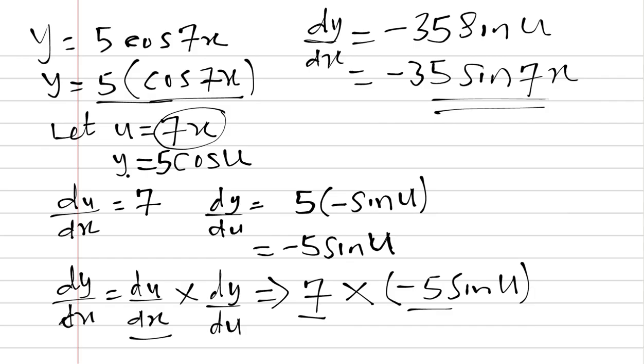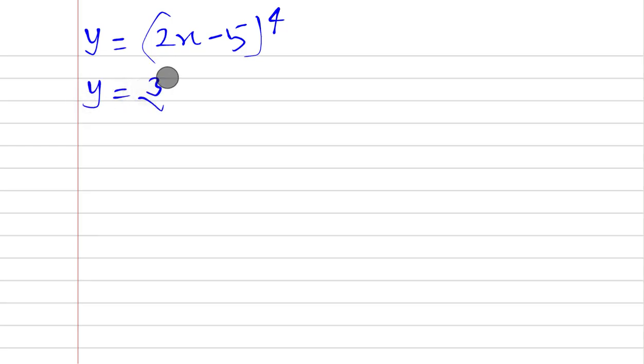All right, so let me give you assignments. Number one, y equal to 2x minus 5 all raised to power 4. Then also do y equal to cube root of x squared minus 4.